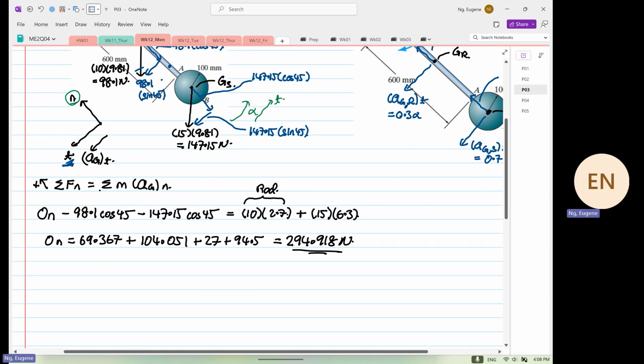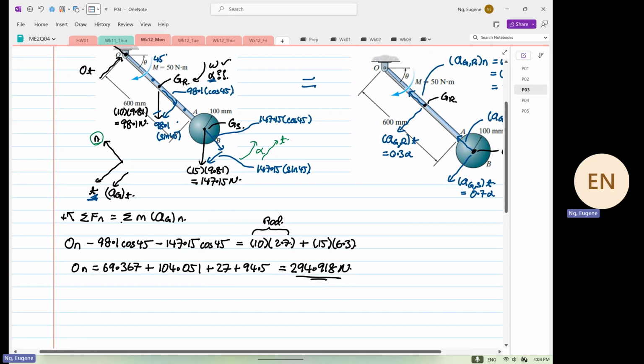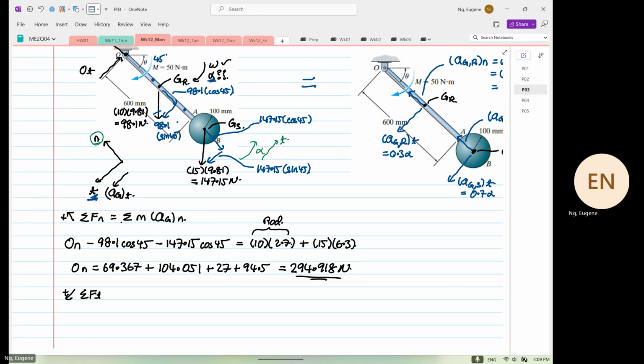The next one, we look at the forces in the tangential direction. So you have minus OT plus 98.1 sine 45, and then plus 147.15 sine 45.